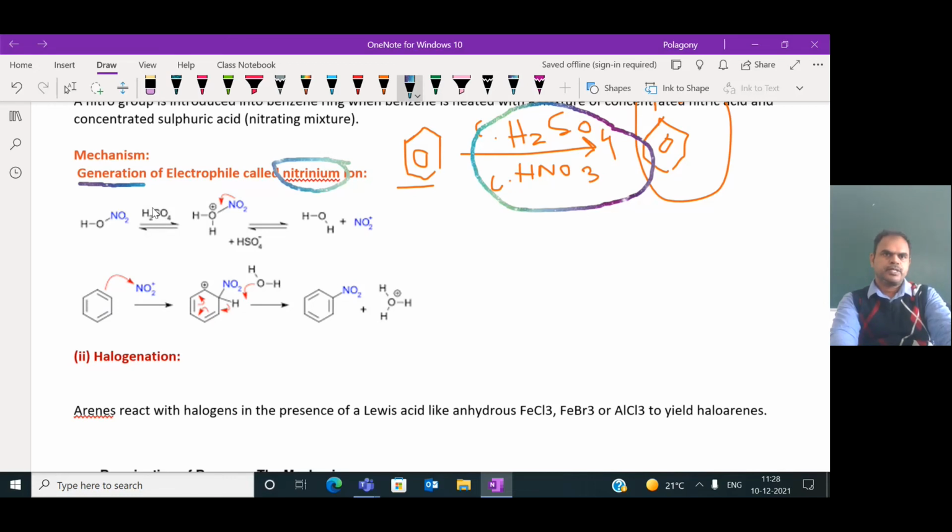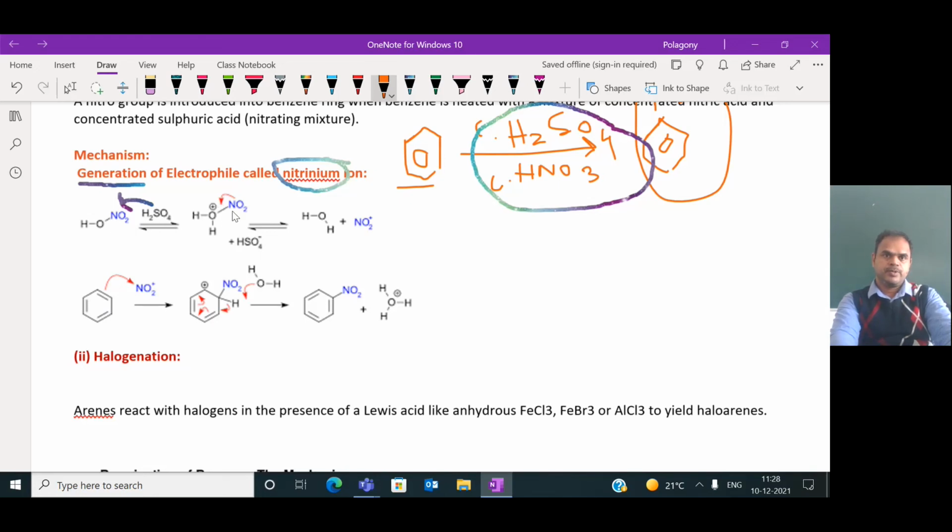Then protonation is done for the nitric acid. That means the nitric acid accepts the proton from the sulfuric acid.